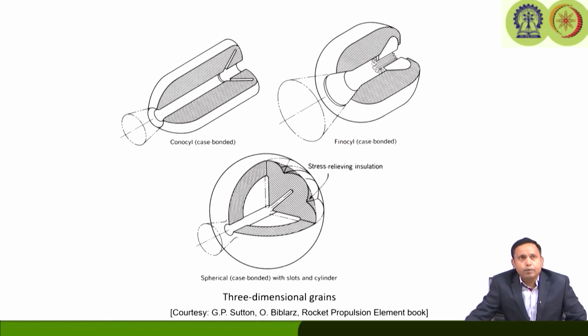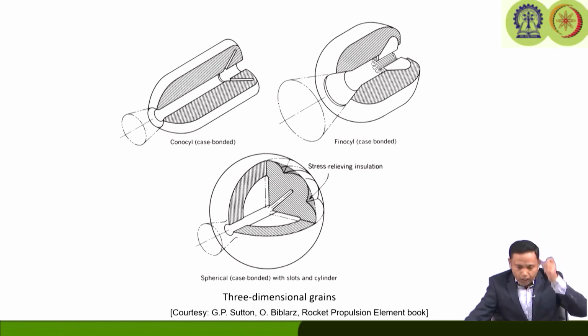For other types like cylindrical grains or end burning grains, although the grain itself is three dimensional in nature, depending on their radially inward, radially outward or longitudinal burning profiles, they are considered two dimensional grains, but where there is a combination of both radial and longitudinal burning profiles, they are termed three dimensional grains.